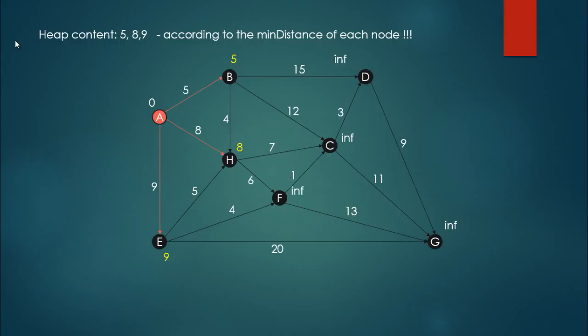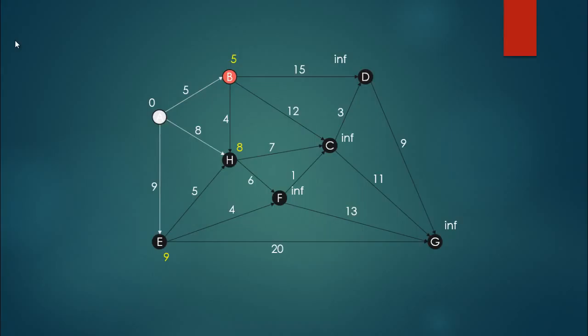Our heap contains these min distances for B, H, and E, so 5, 8, and 9. We go to the next vertex that has the least value, which is 5, the B, and consider vertex A visited, so we are not going to get back here anymore.